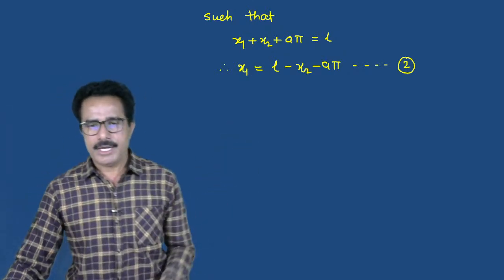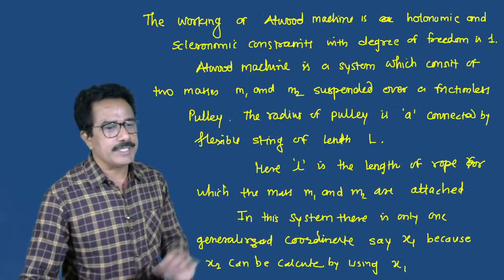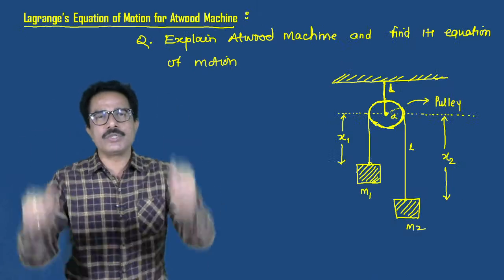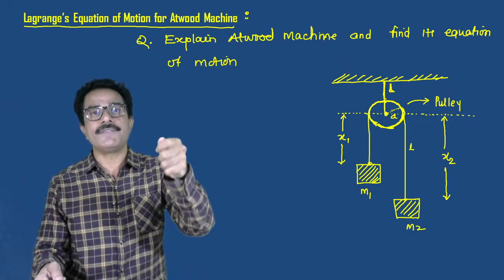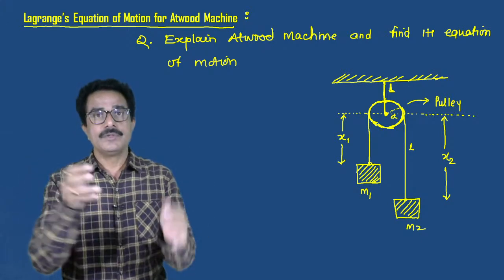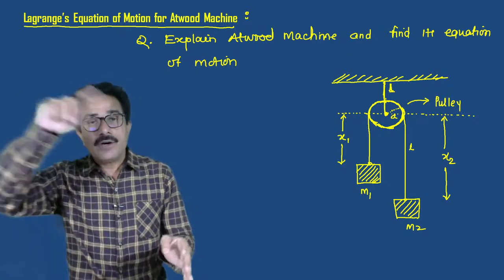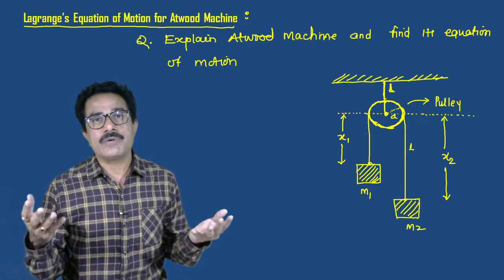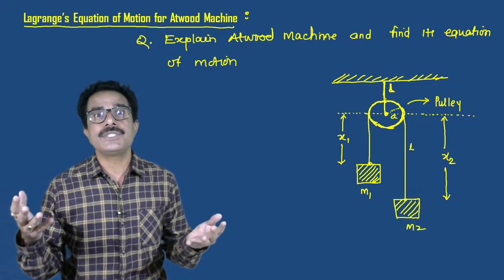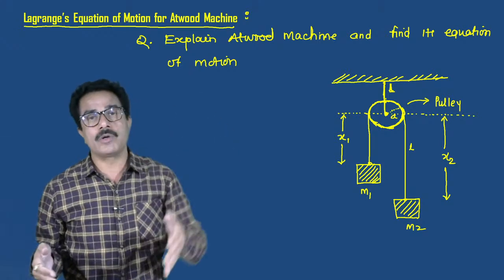Now we know that two masses are moving continuously. In a lift, continuously one side is the part of the lift and the other side is the counterweight. You might have seen the lift which is used to climb the building floor to floor.